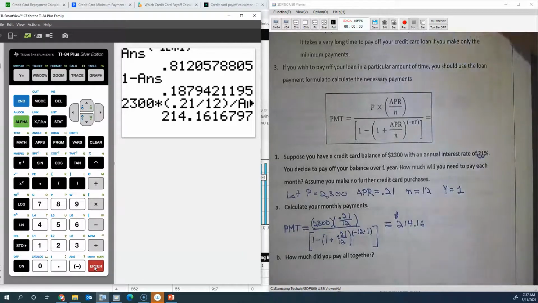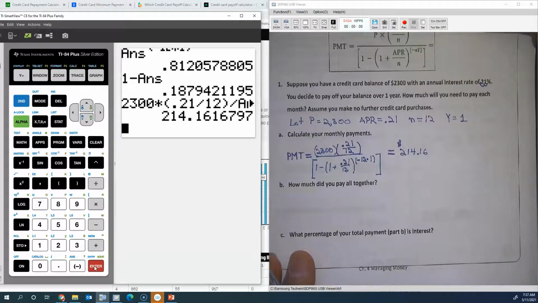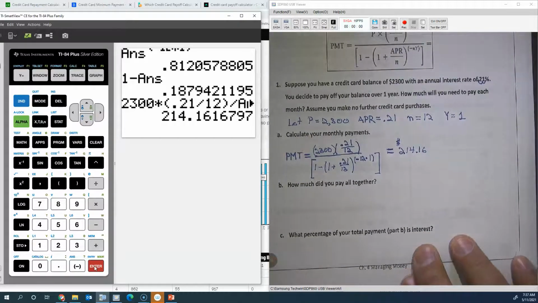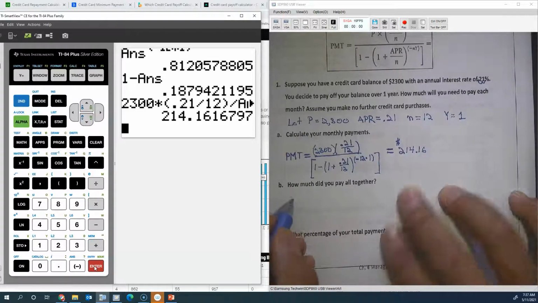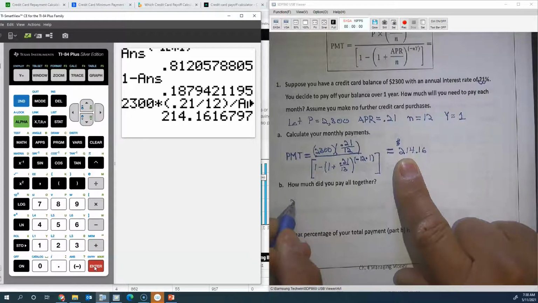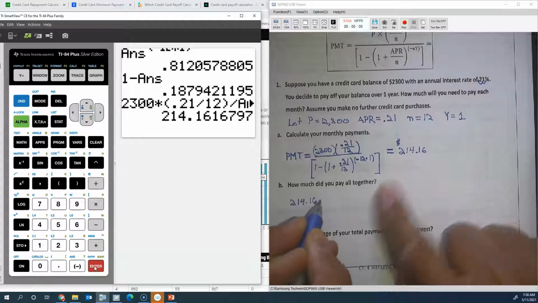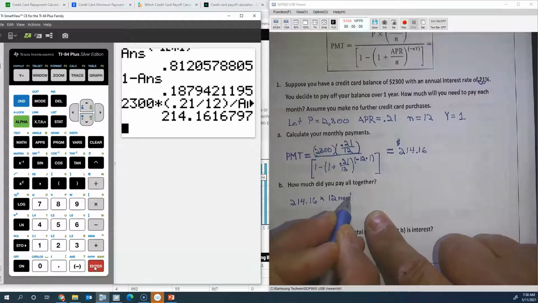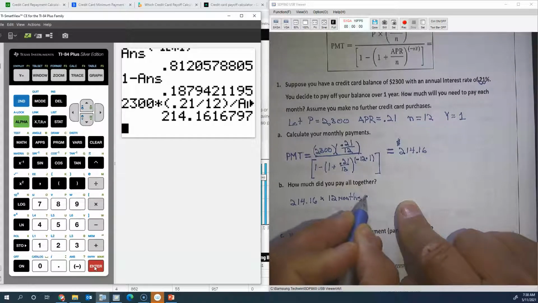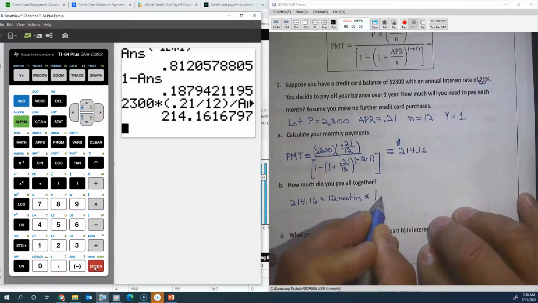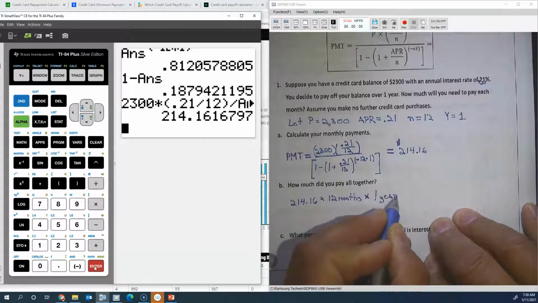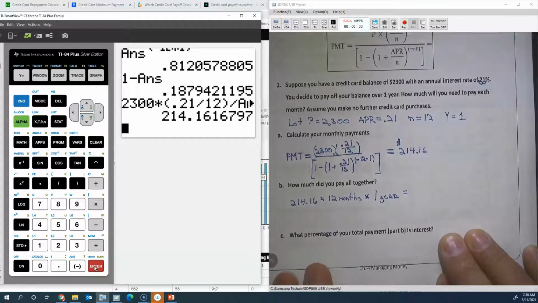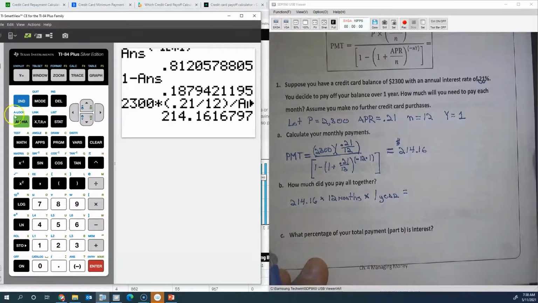Now what we're going to do after that is figure out how much you paid altogether. So you're paying $214.16 times 12, because that's the 12 months, times 1 year. So now we just multiply that out.